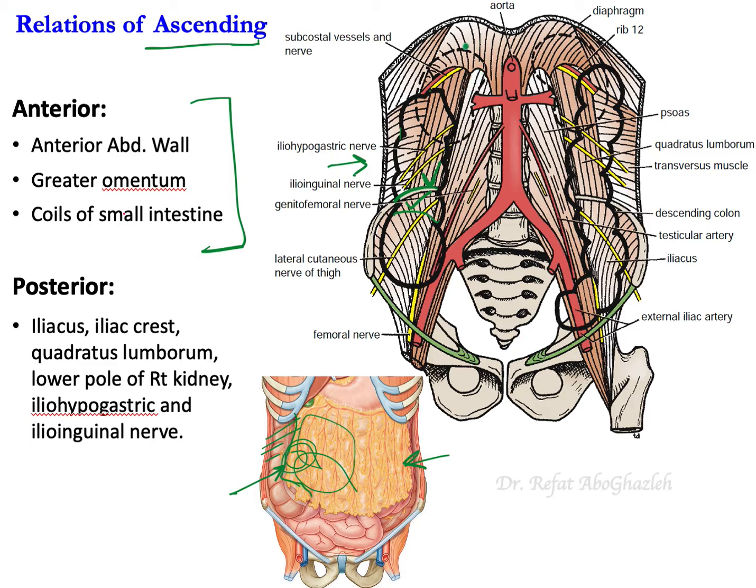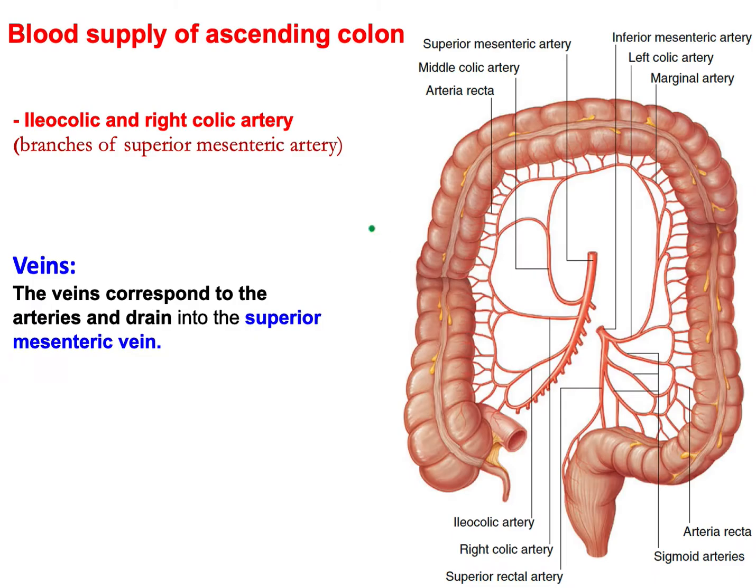And you see the shadow of the right kidney, so it's related to the lower pole of the right kidney, plus two nerves, which are branches from the lumbar plexus, the iliohypogastric and ilioinguinal nerves. So these structures are related posteriorly to the ascending colon.